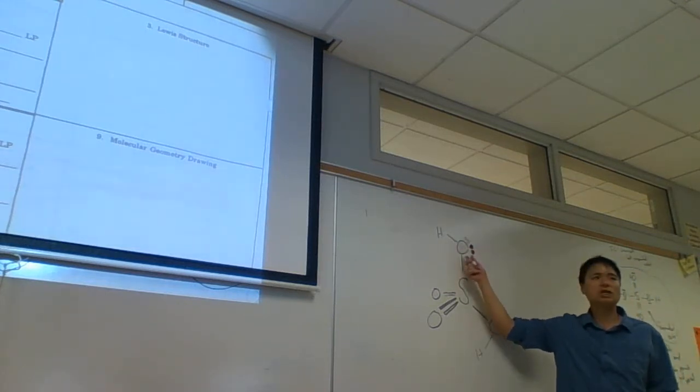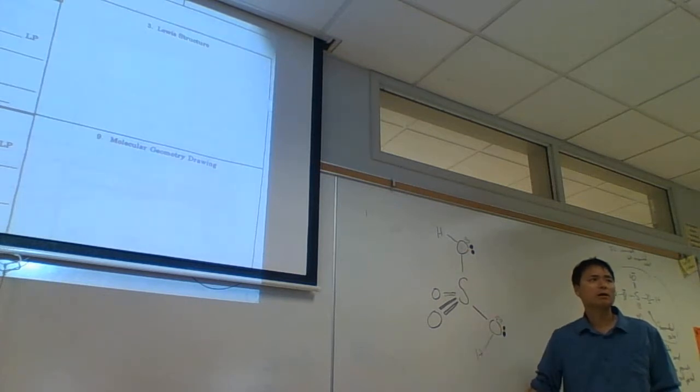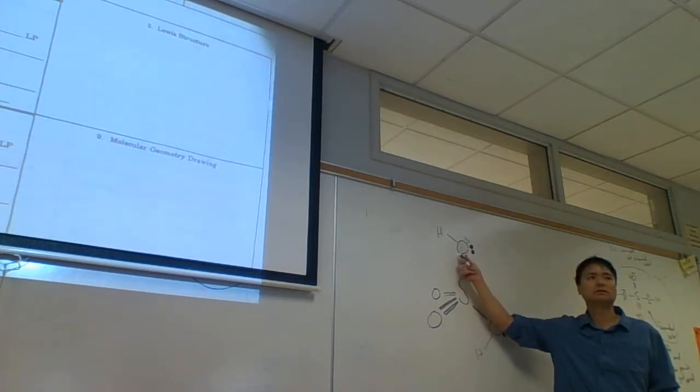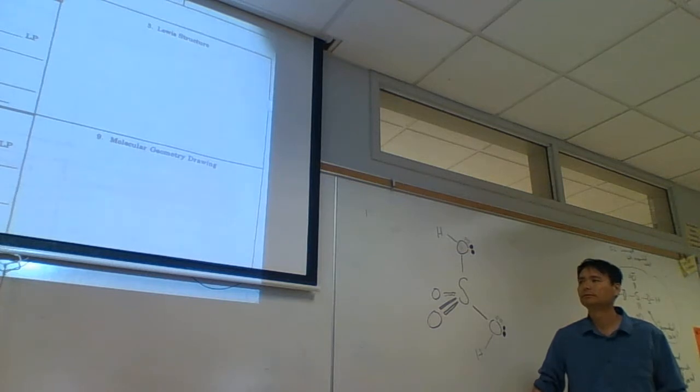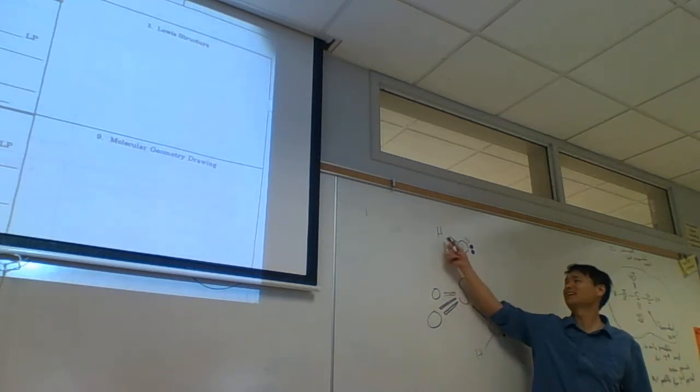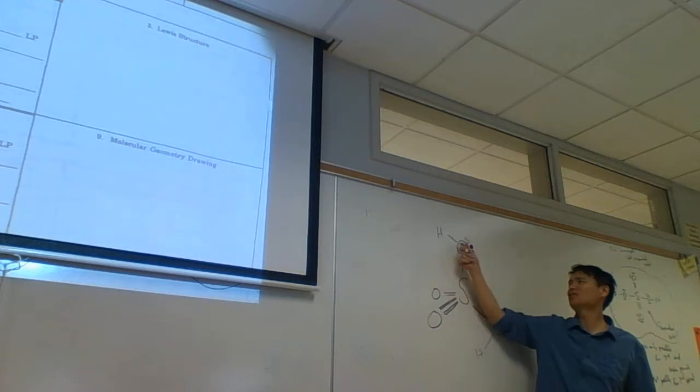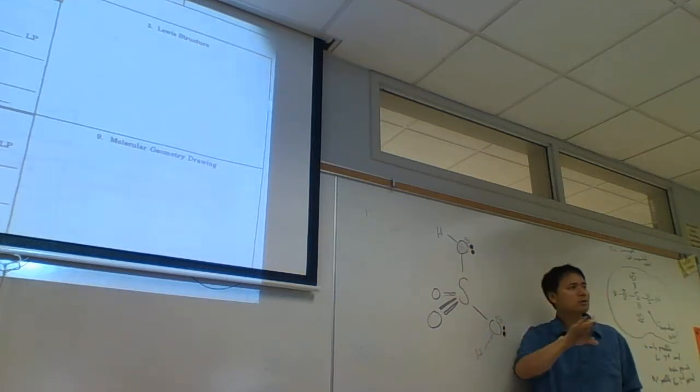What is the molecular geometry here around oxygen? Just the atoms. We're just looking at the atoms. HOS forms what type of geometry?